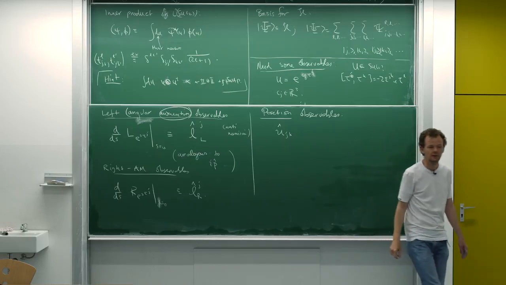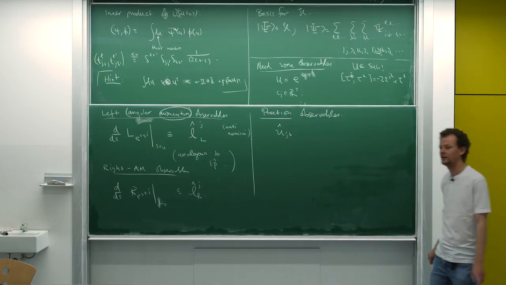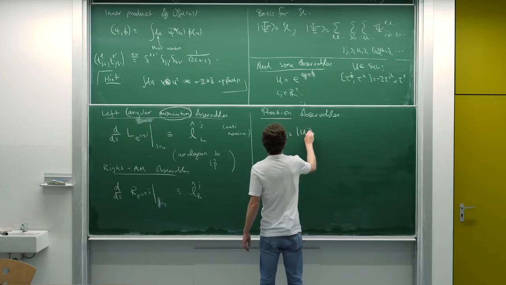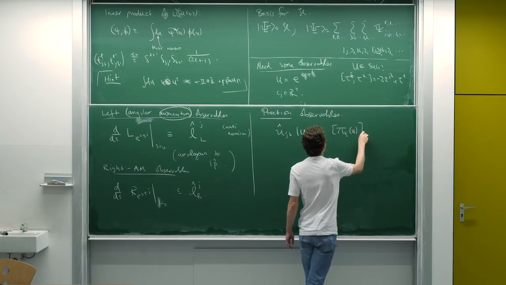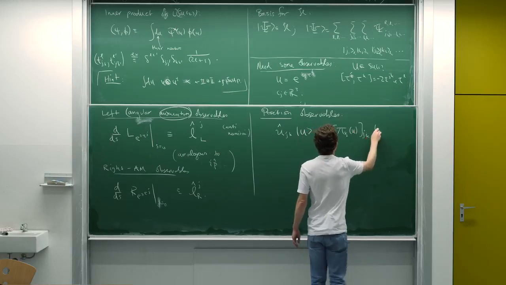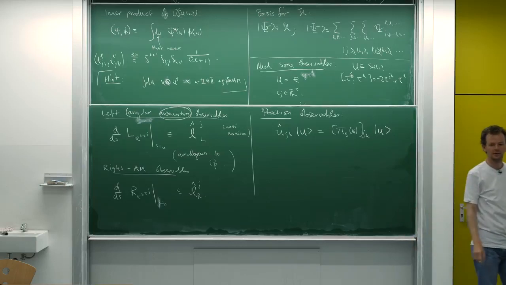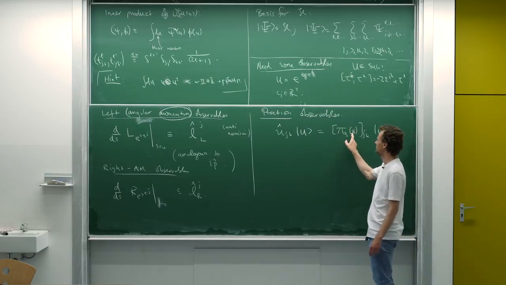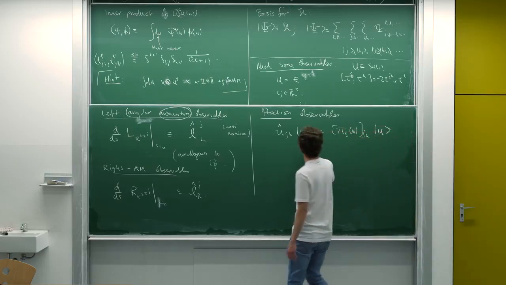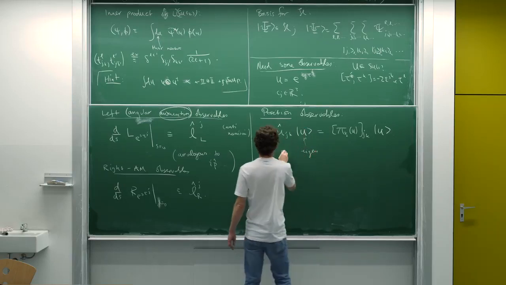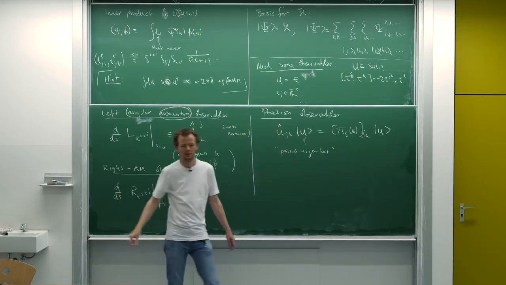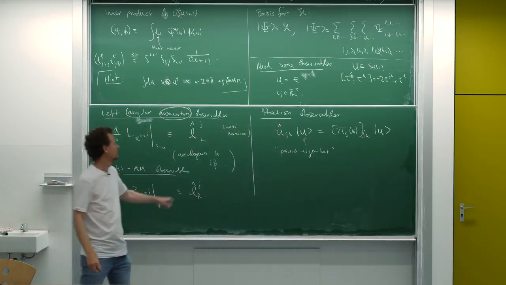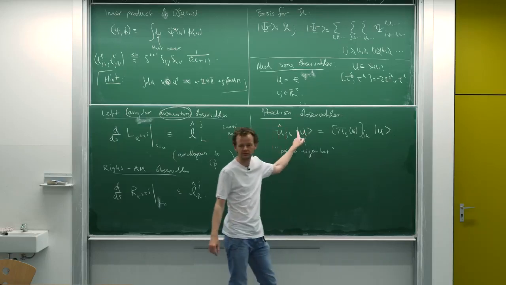There are 4 of them, and when you act them on a position eigenstate, it just gives you the jk-th matrix element of the spin 1/2 representation of U. Remember, this is the position eigenket that I defined in the previous lecture, so that's just a ket put around an SU2 matrix.